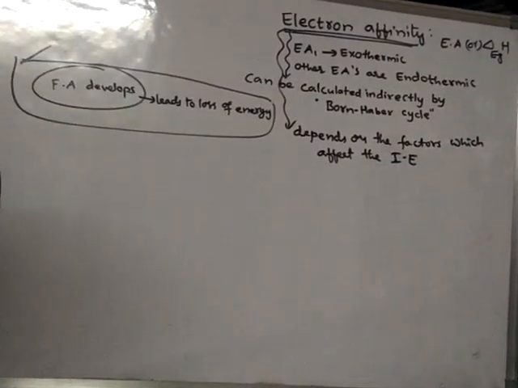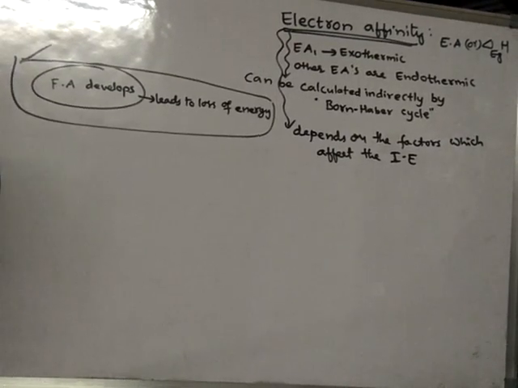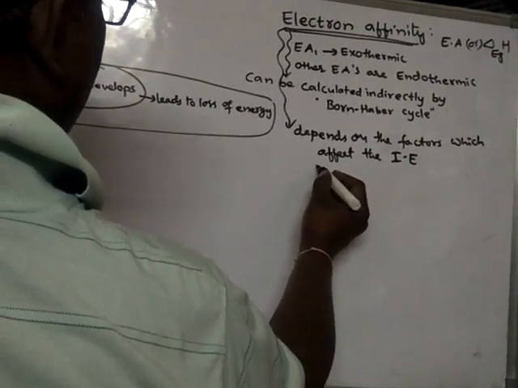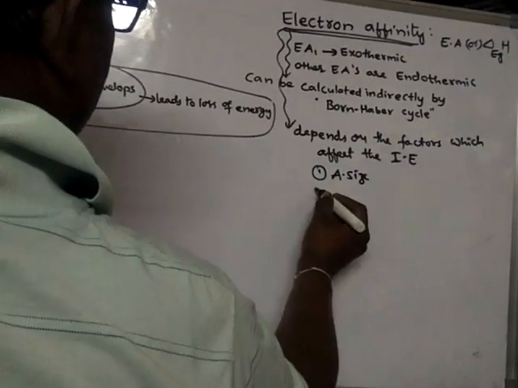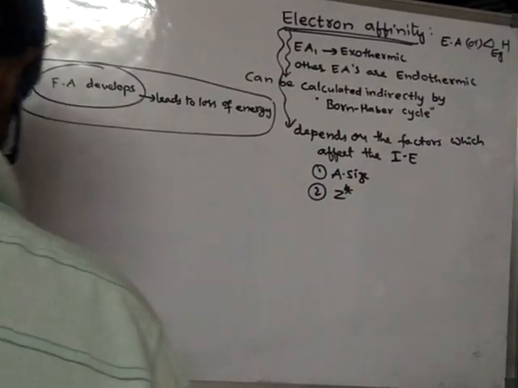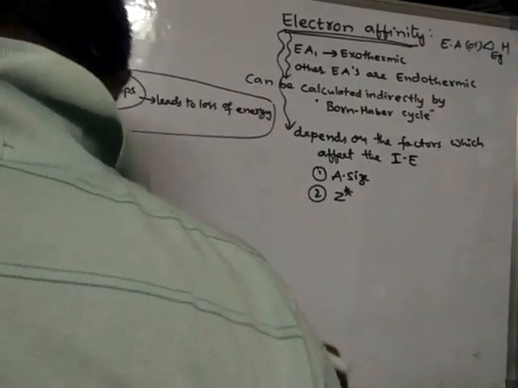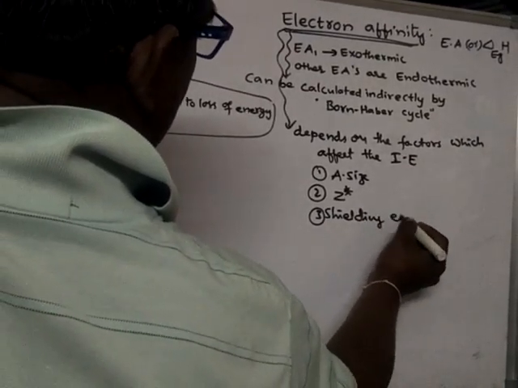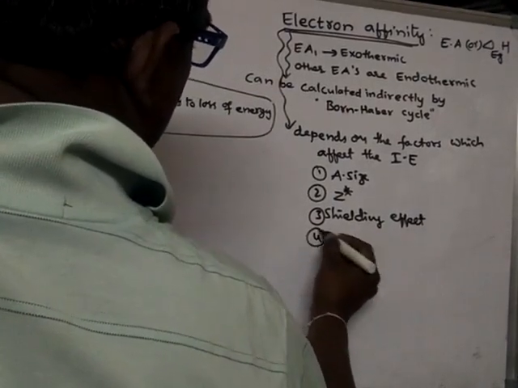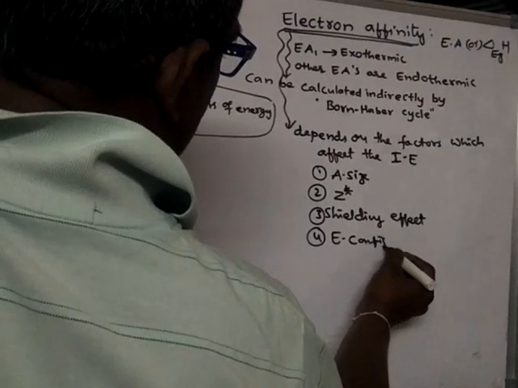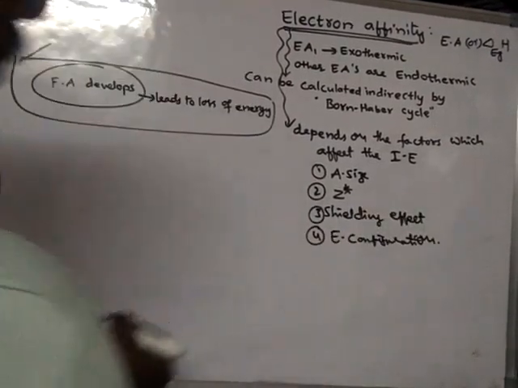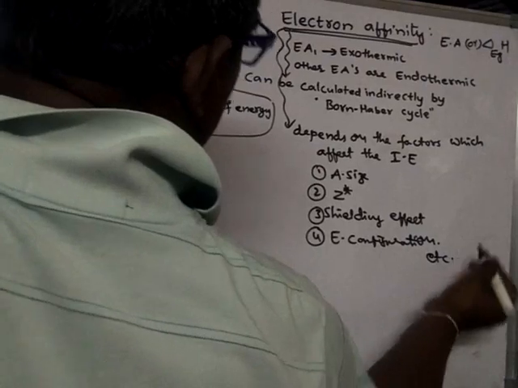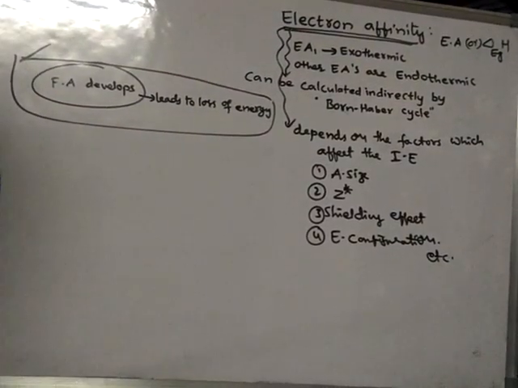That means the factors which affect the ionization energy will affect the electron affinity also, like atomic size, effective nuclear charge, shielding effect, electronic configuration, etc. So all the factors which affect the ionization energy will affect the electron affinity also, right?